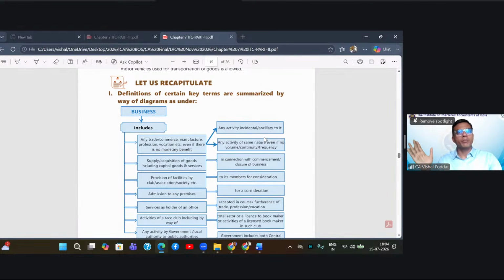On the input side, whatever tax you have paid, whenever the conditions are satisfied, becomes an eligible credit. Eligible means that now it can be set off. And this set off is what is called utilization of credit. When you are adjusting the input side tax against your output side liability, we call it set off. Law calls it utilization of input tax credit.